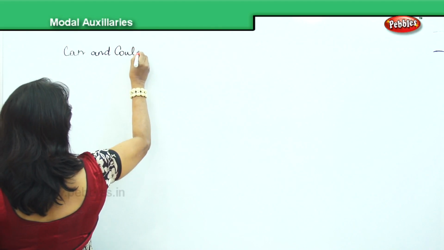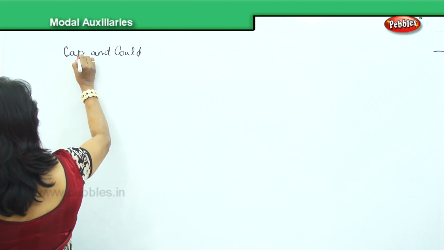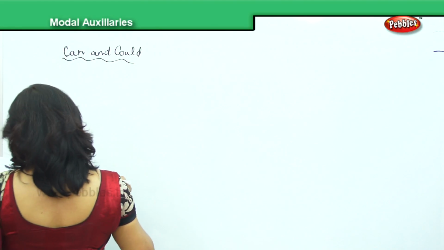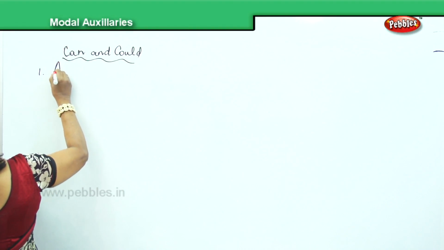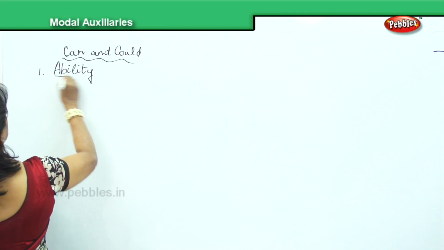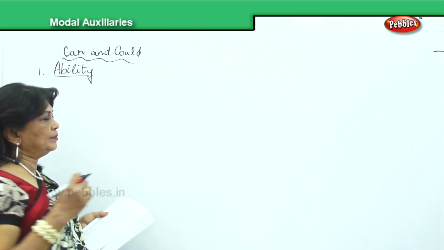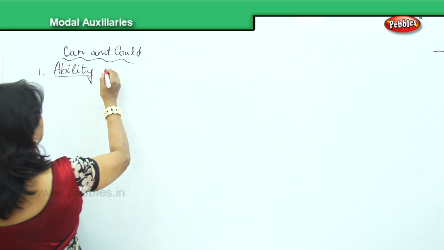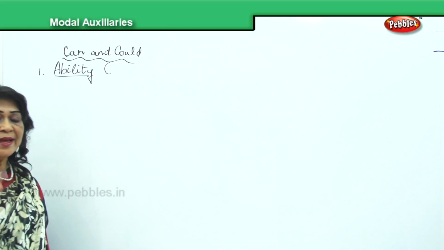Can and could. First one, ability. Here we have both past and present ability, because can we usually say.